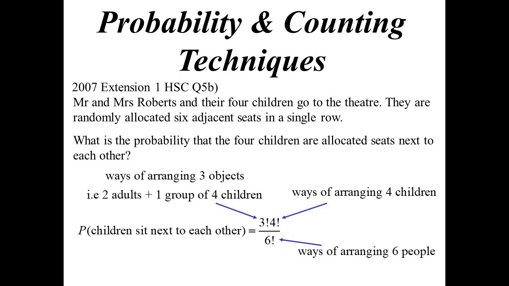Well, let's explain all this. The children have to go in a group because they want to be next to each other. So within their group, they can be arranged 4 factorial ways. But now we treat them as if we've got 3 objects, the 2 adults and the group. And so there's the 3 factorial. So 3 factorial, 4 factorial, on 6 factorial, a 1 in 5 chance.